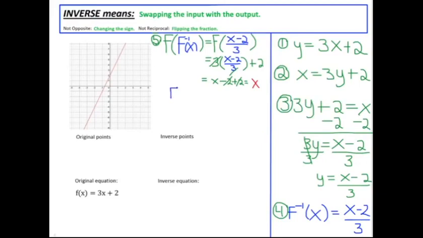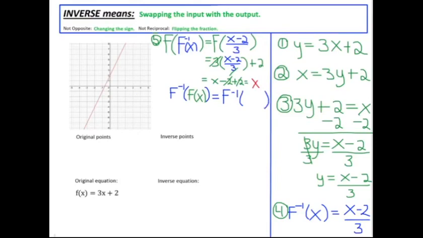So f inverse of f of x equals f inverse of, we're going to substitute the equation for f of x in here.